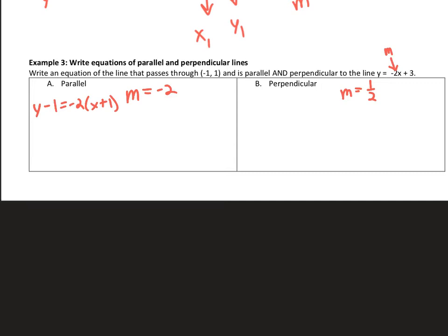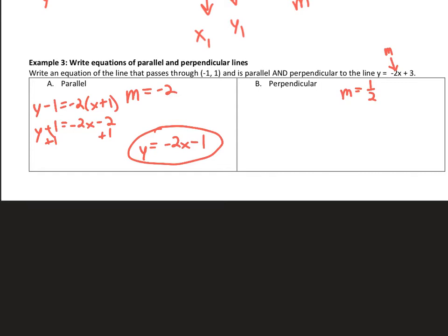So there's a few things you could do here to write this in a more familiar form. We could convert this to slope-intercept form. I could distribute the -2 to make this -2x minus 2. And then I could add 1 to both sides. And that becomes y equals -2x minus 1. And that's just a more familiar form for us. We're much more used to slope-intercept form.